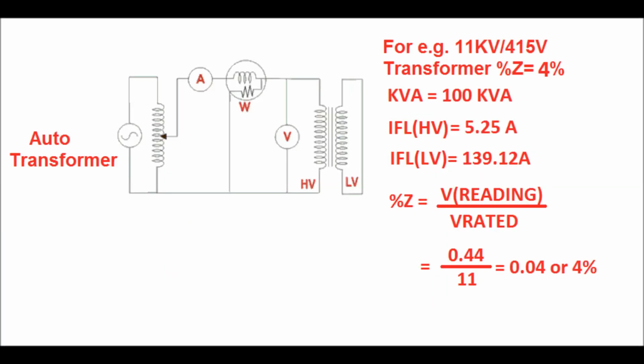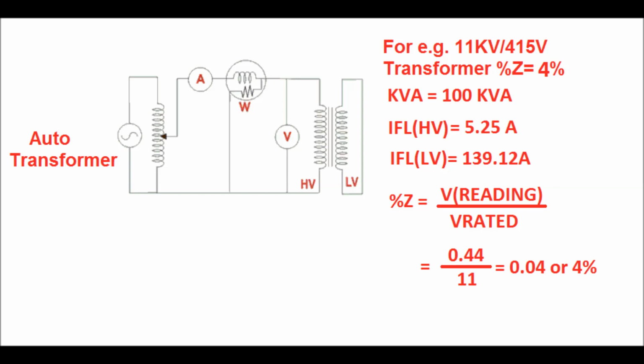Now let us take a simple example: the HV side voltage of the transformer is 11 kV and the LV side voltage of the transformer is 415 volt. The transformer percentage impedance is 4% and the kVA rating of the transformer is 100 kVA.